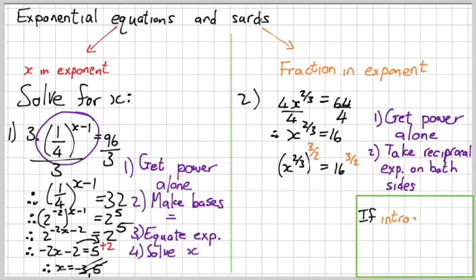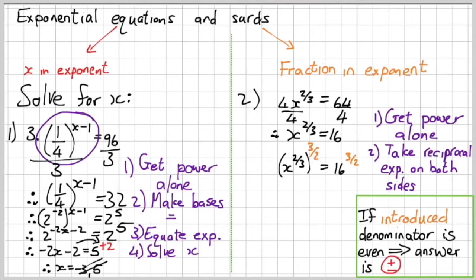If the introduced exponent, the one that you brought in, has an even denominator, then you have to put a plus or minus in front of your specific solution. In other words, that 2 is even, and hence I've got to put a plus or minus in front of the 16.